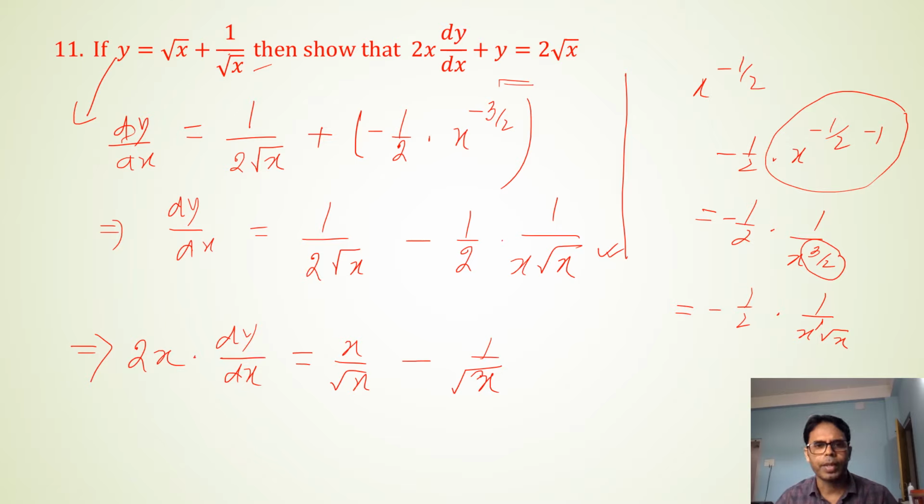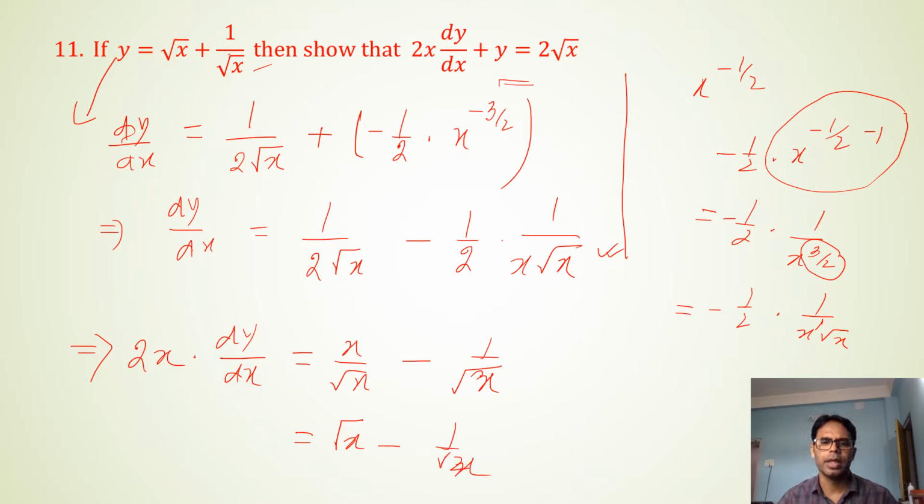And you see actually x by root x is nothing but root x only, because x can be written as root x into root x, so one of the root x will be cancelled, and so the term remaining is only root x minus 1 by root x.